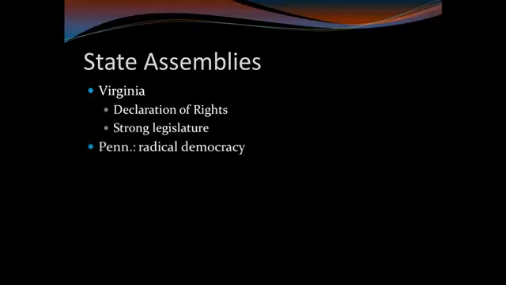Pennsylvania, just to give a contrast, so you can see Virginia had a relatively conservative state constitution. Pennsylvania, just to give you an example, had a very radical democracy for a constitution. And I'm just going to describe it to you here. They had a single unicameral house, so they had only one house in their assembly and in their legislature.